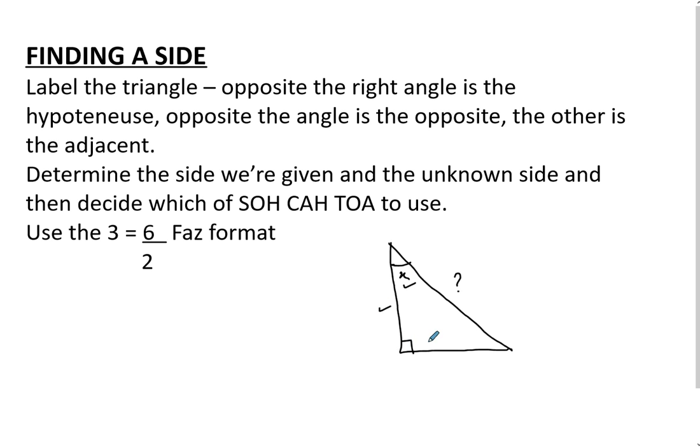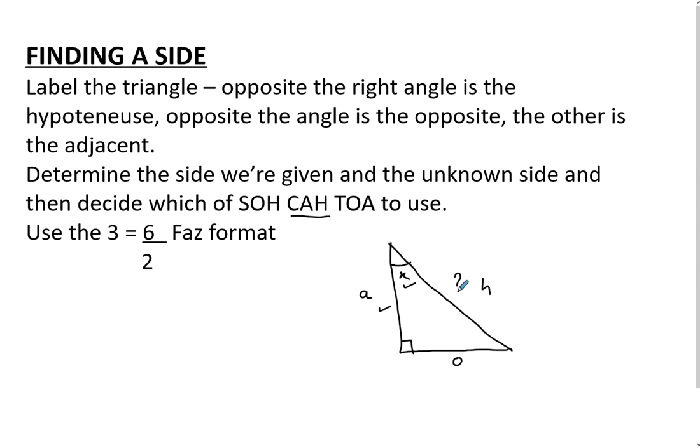Okay, so then we label our triangle, so that's our hypotenuse. The angle, the side opposite the angle is the opposite, so this is the adjacent. So if we want to find h, and we've got a, you can tell we're going to use cos. So we're going to say cos of the angle is the adjacent over the hypotenuse. So you can see we've got 2 out of the 3.